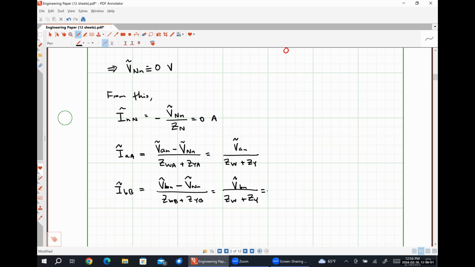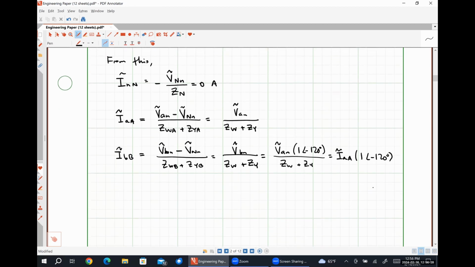which is the same thing as VAN times 1 angle negative 120 degrees over ZW plus ZY, or simply IAA times 1 angle negative 120 degrees.